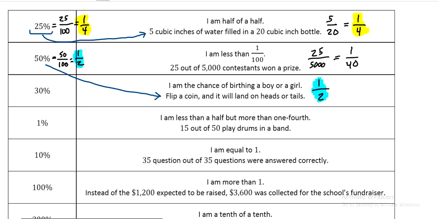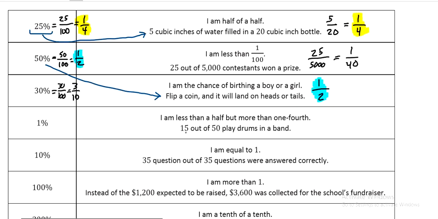Okay, so we could keep going like that. 30%. 30% is 30 over 100. 30 over 100 reduces to 3 over 10. So, which one of these matches up with 3 over 10? Well, I know it's not this one. This one is 1 over 40. Can't be this one. We already picked it. I am less than half, but more than 1/4. 3 over 10 is less than half, and it is more than 1/4.